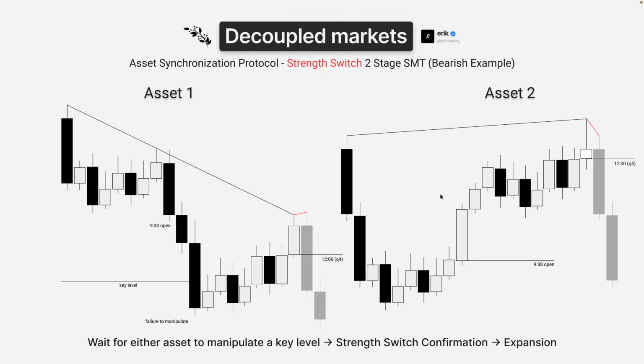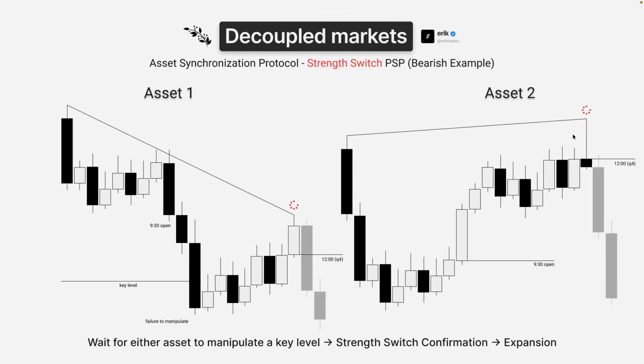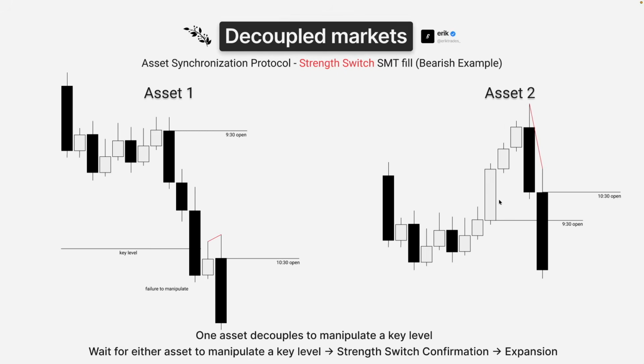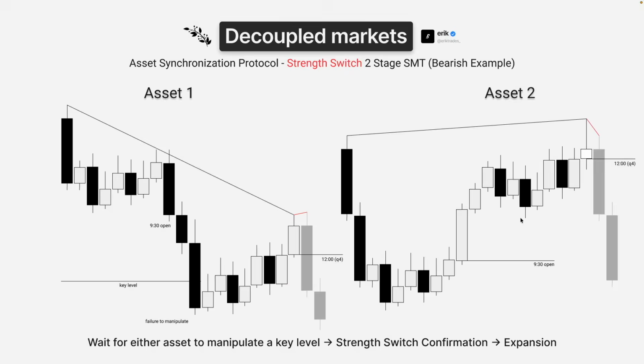So this entire move, right? When you get this type of decoupling right here, these types of decouplings are all a manipulation, right? Since this is an assumed 15-minute time frame, this is one big manipulation in the higher time frame. This may look like expansion higher, which is why this is in a bearish setting. So we're going to assume a bearish profile, so assume we're going to have draws higher.